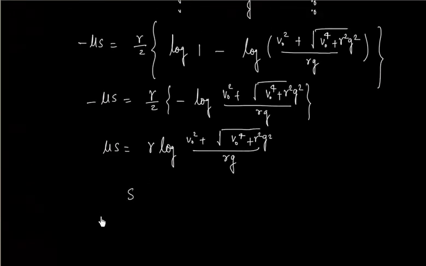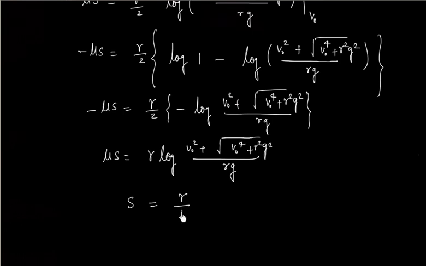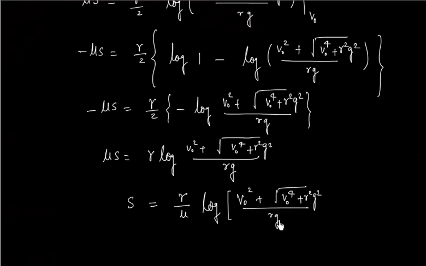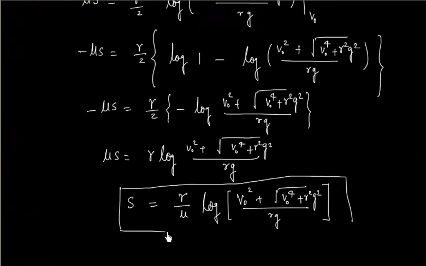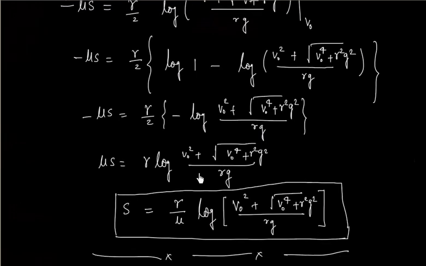So distance travelled s is equal to r by mu log of v naught square plus, so this is the distance that is travelled by the caller. We have left 1 by 2 here, so this is 2 also. So the final answer is r by 2 mu log of v naught square plus under root v naught to the power 4 plus r square g square, divided by rg. So this is the distance travelled by the caller.